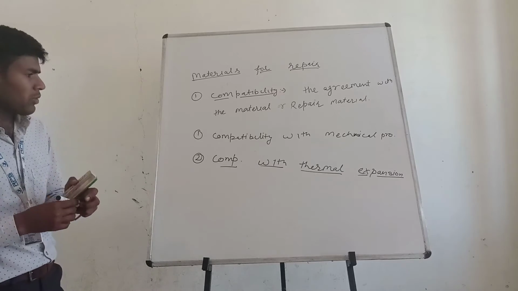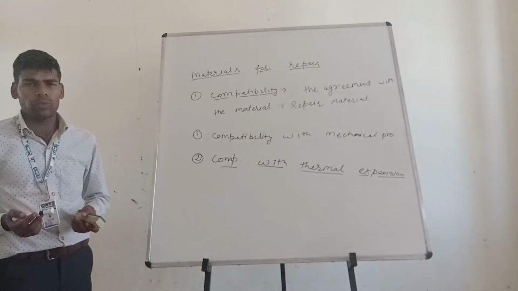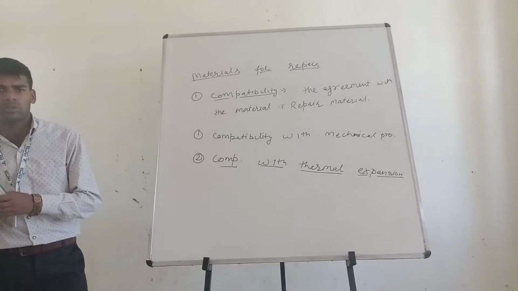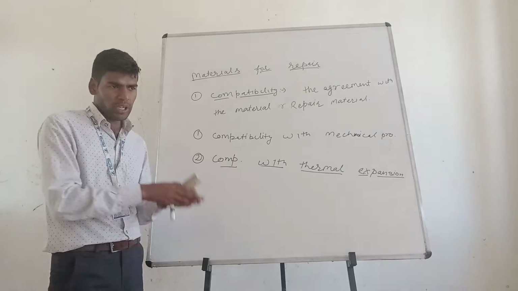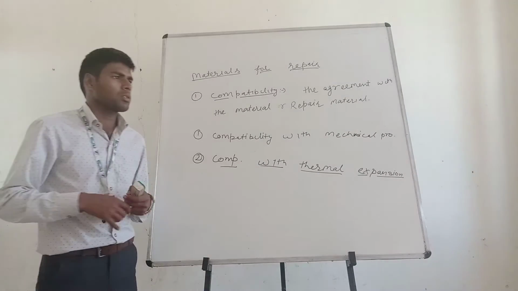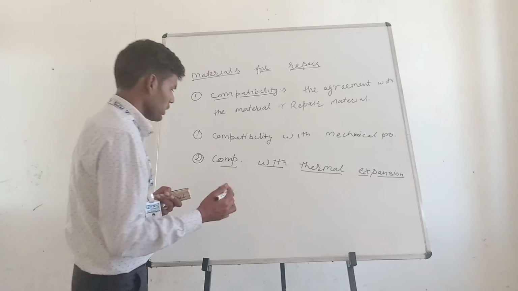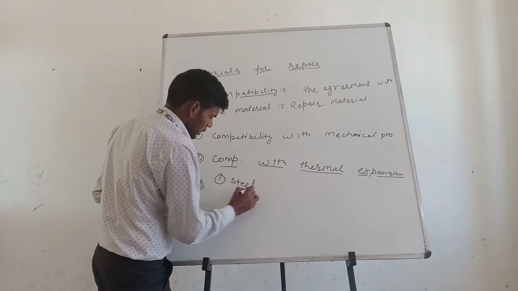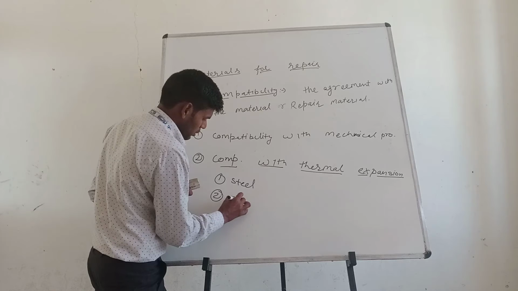In compatibility with thermal expansion, we have to find out what? Only the thermal expansion of our repair material and building material. In thermal expansion, we mainly check two things. First is for steel and second is our concrete.